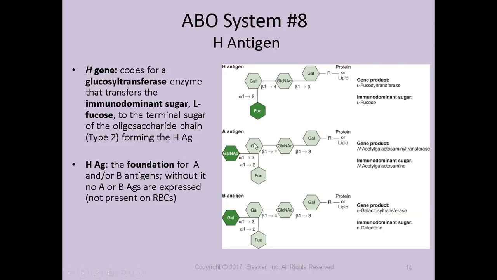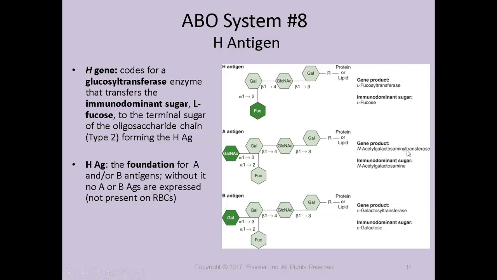And here in this picture, and I'll talk about it on the next slide, we see, for instance, the A antigen. When you inherit at least one A allele, here's what it does. It codes for another enzyme. The gene product is not the same enzyme as big H. It's a different transferase enzyme called N-acetylgalactosaminyltransferase. It's a mouthful.